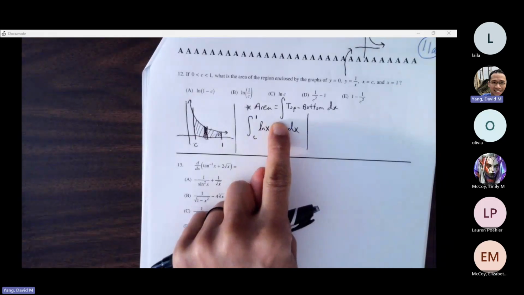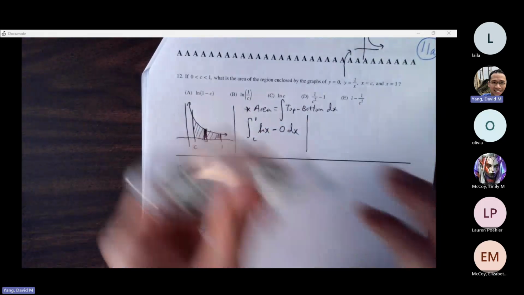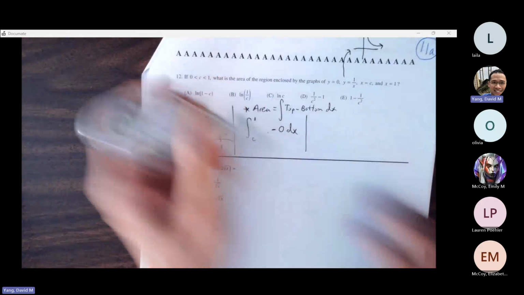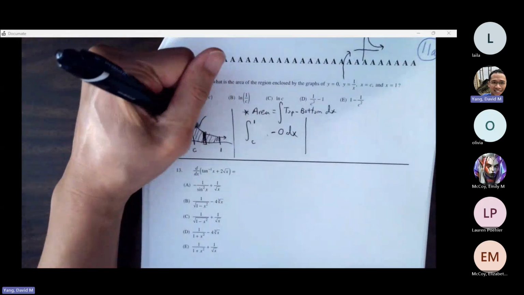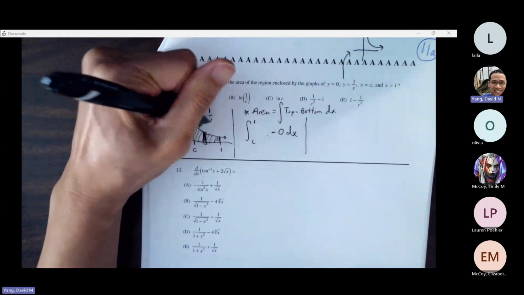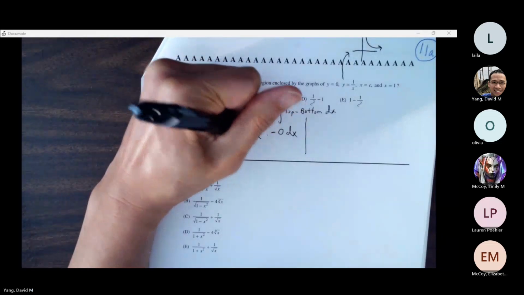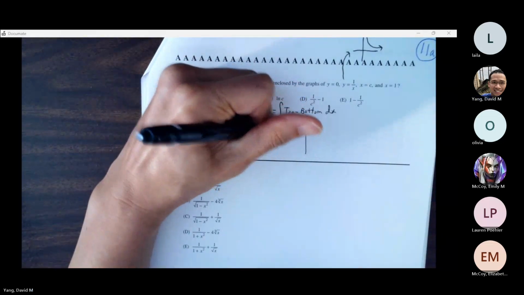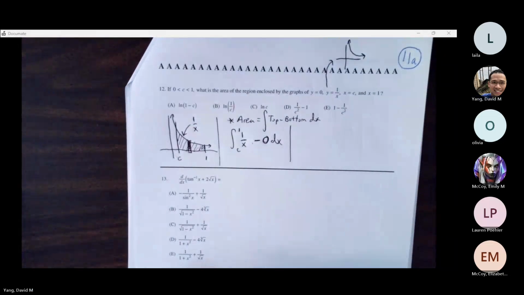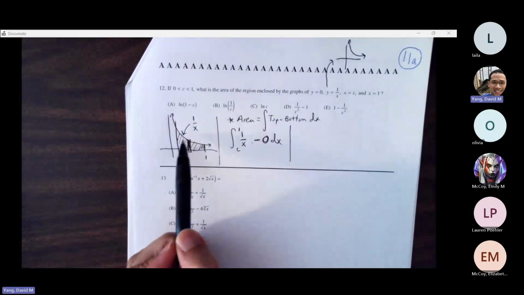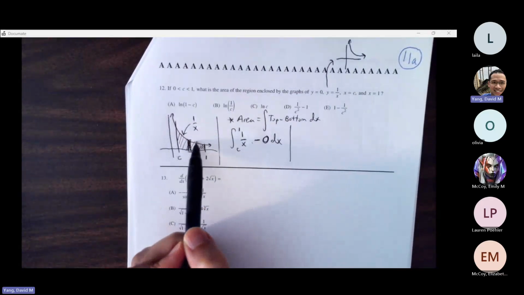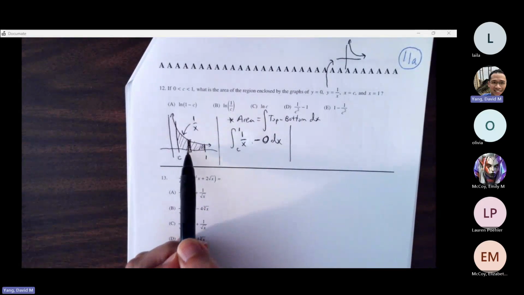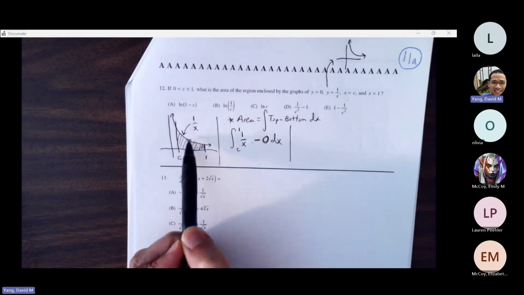So, sorry, not natural log. I jumped the gun here. The function is 1 over x, and then the integral is natural log. All right, so the top of my shaded region is the 1 over x. The bottom is the y equals 0, so top minus bottom, 1 over x minus 0.